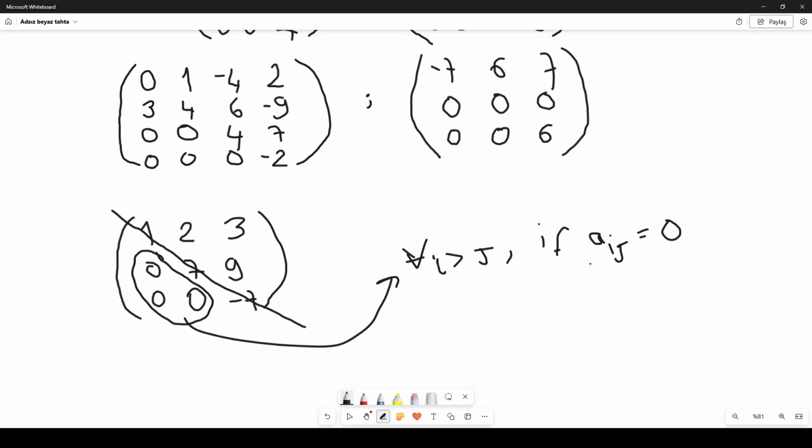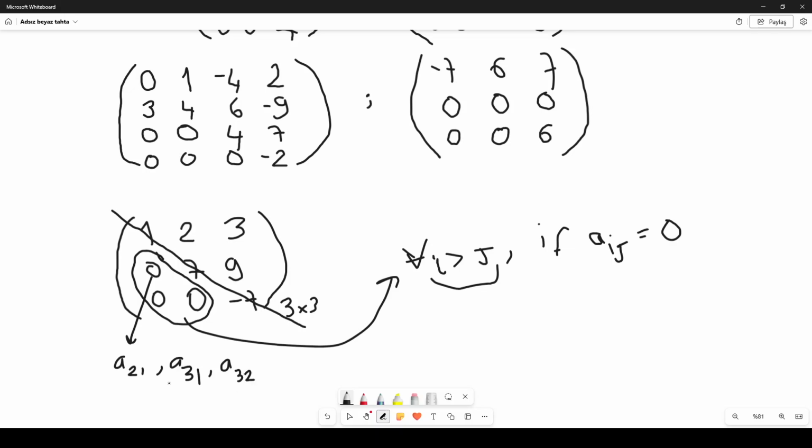And what I mean when i is greater than j, for instance, for this 3 by 3 matrix where we have 3 rows and 3 columns, I mean the entries below the main diagonal, which are a21, a31, and of course a32.